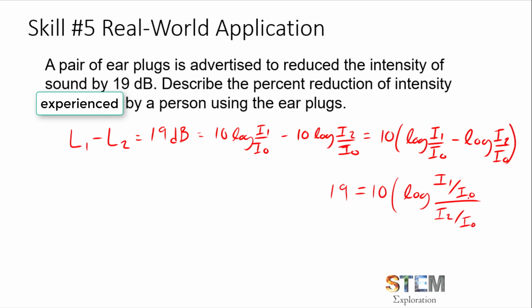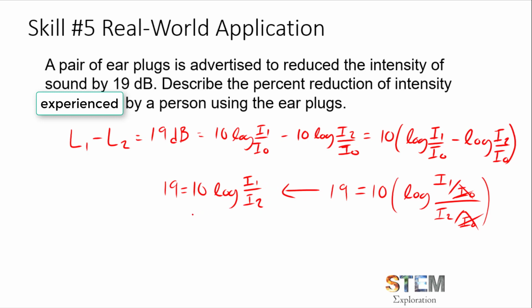And a really cool thing is two things in denominators, ka-chiga, they'll all cancel out. When we rewrite, we'll go 19 equals 10 times the log of intensities, or the ratio of intensities, I1 being the original intensity, and I2 being the reduced intensity, because that's the subtracted logarithm.